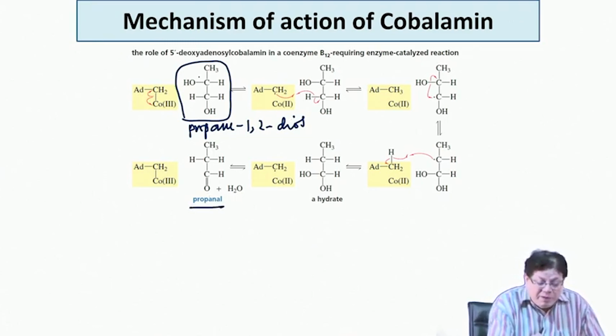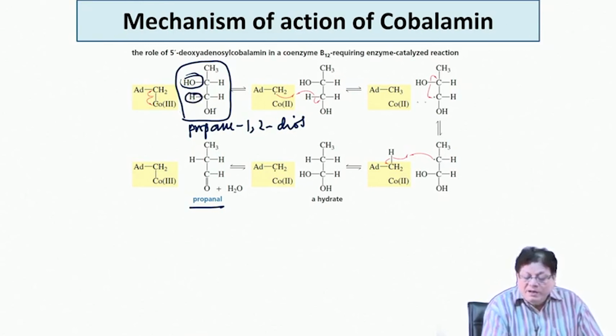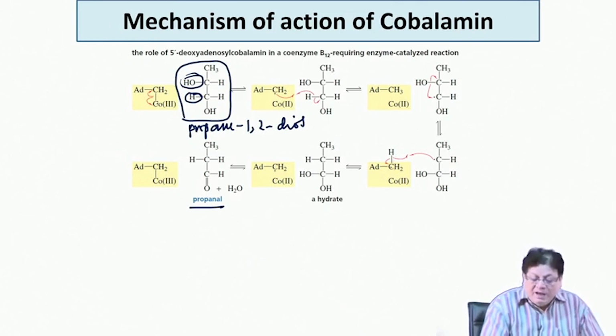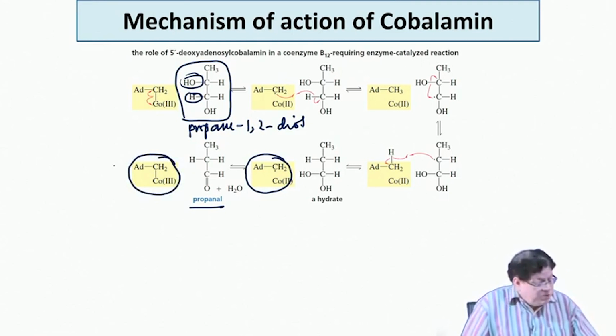To have propanal, you have to move this OH to this carbon, so that this carbon bears 2 OHs, and then one water molecule will be lost, resulting in the formation of the aldehyde. Okay. So, basically what happens here, it abstracts the hydrogen from here, forming a radical at this position, then OH migrates from here to there, forming a radical here, and then this abstracts the hydrogen from the methyl of the adenosyl part, and then you can again form the coenzyme form of vitamin B12 complex.